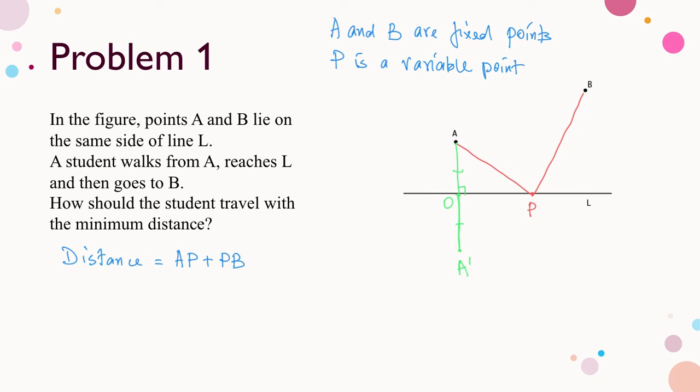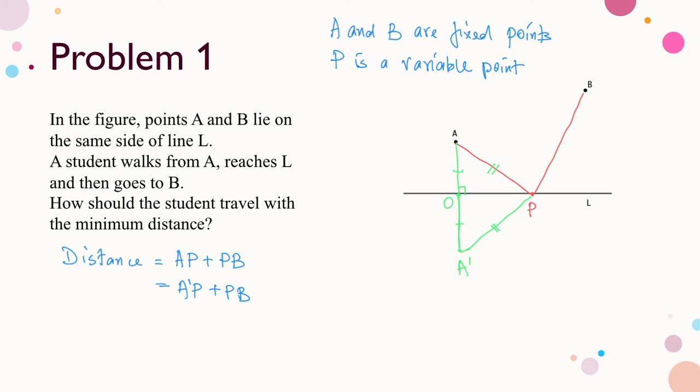Consider the triangle PAA prime. Since PO is the perpendicular bisector, we have PA equals PA prime. So to find AP plus PB, it is equivalent to find A prime P plus PB. As A and B are fixed points, P is a variable point.